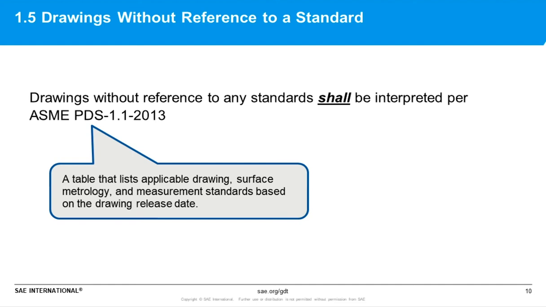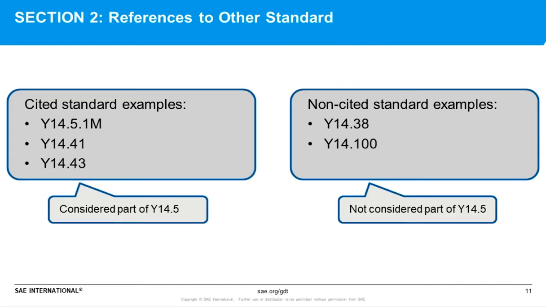There is a table that lists the applicable surface metrology or measurement standards or drawing standards that were applicable at the particular date of release for a particular drawing. So you could look up the date of release and then see what particular standards would apply.